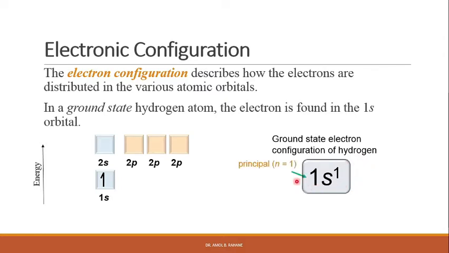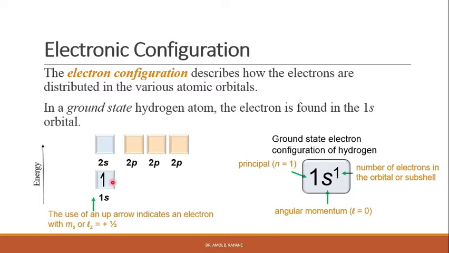The 1 denotes the principal quantum number n equal to 1. The s denotes the angular momentum quantum number L equal to 0. And the superscript 1 refers to the number of electrons in the orbital or subshell. Here we use the up arrow to indicate an electron with ms or Sz equal to plus half.